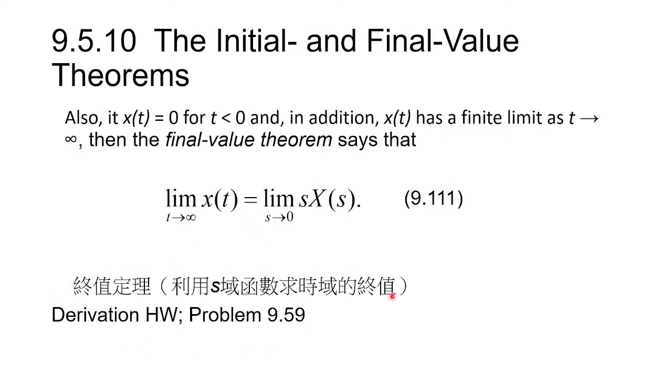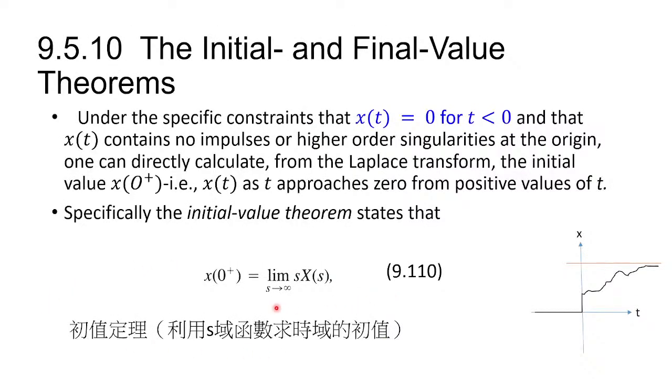This is something you need to remember because it's very useful in solving differential equations. So the limit as s goes to infinity of s times X of s is the initial value of x at the 0 plus point.